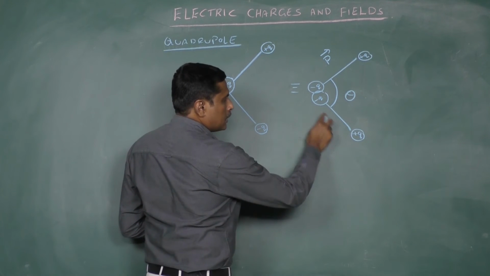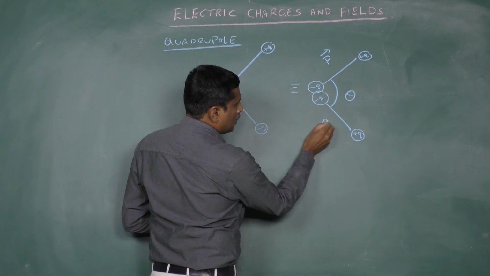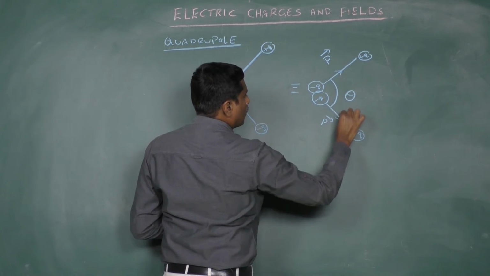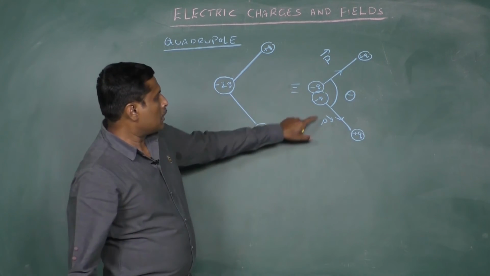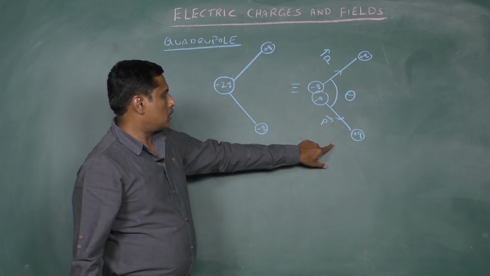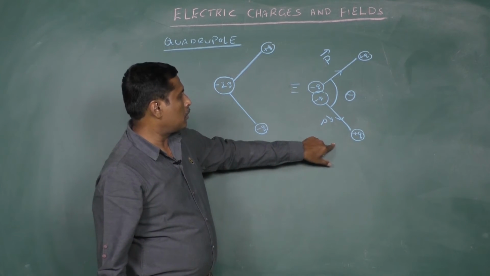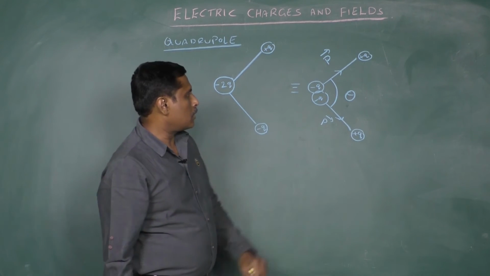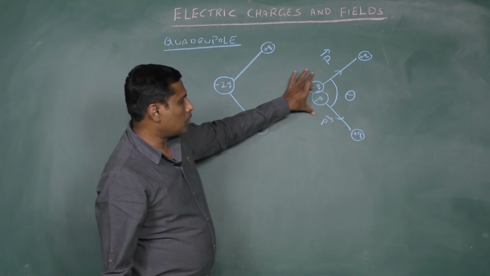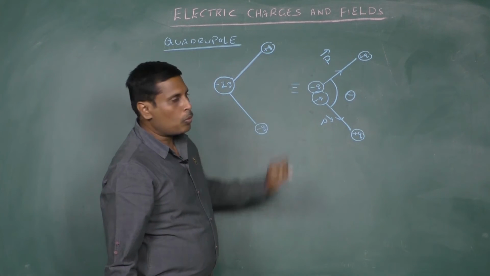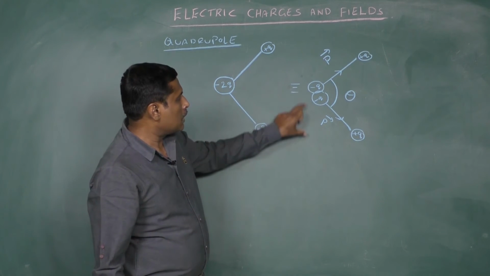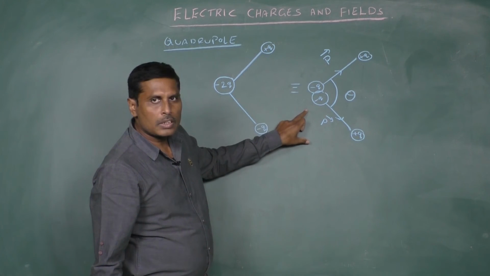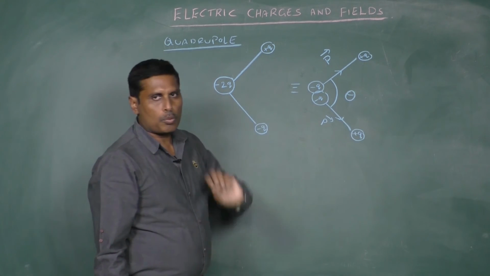Now here, for the second dipole, this is the direction of the dipole moment. Now, there are two dipoles with equal magnitude but making an angle theta with each other. So, this system is called a quadrupole.